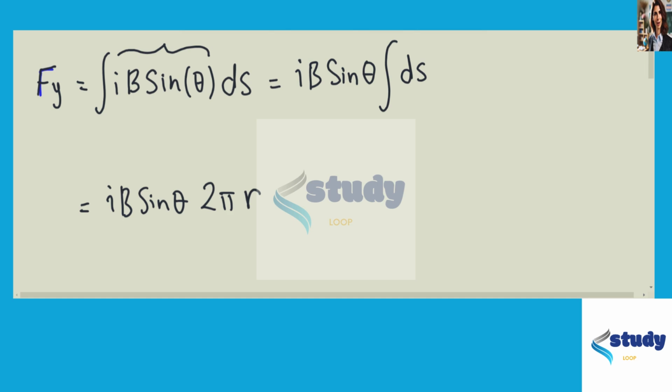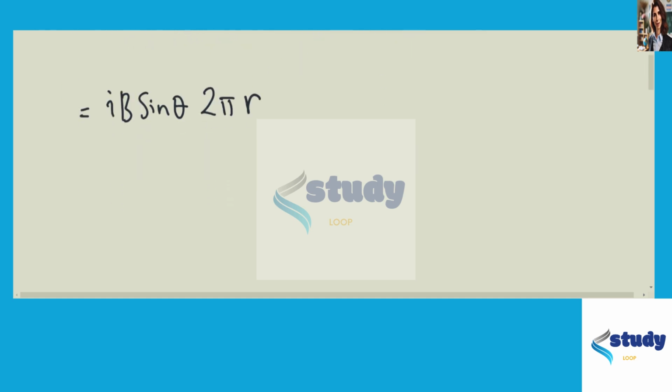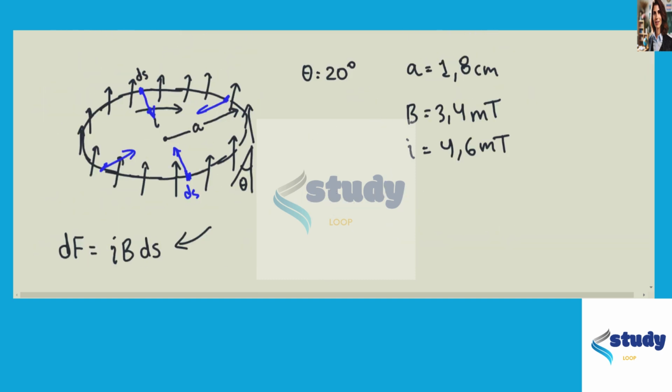So we have all of this information, and we need simply to substitute all of these values. We have that the current is 4.6 milliamperes, and we need to convert to amperes. So milli means 10 to the minus 3.